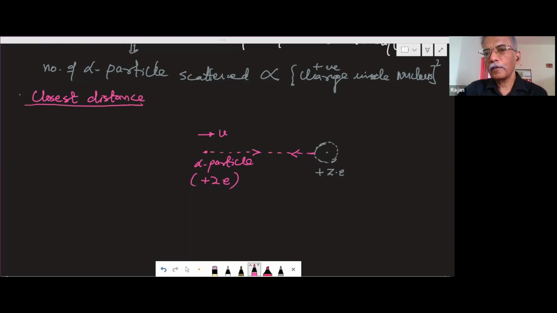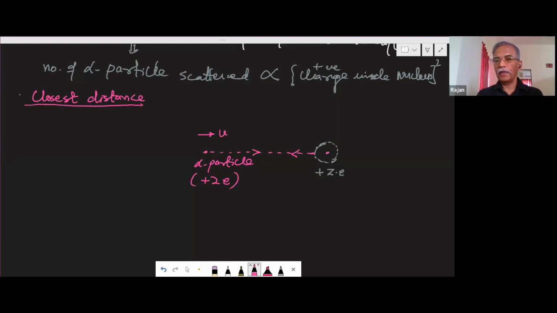So this closest distance is the distance from the center of the nucleus up to which the alpha particle can go. Up to that, it is coming back with the help of the force of repulsion, by Coulomb's law.